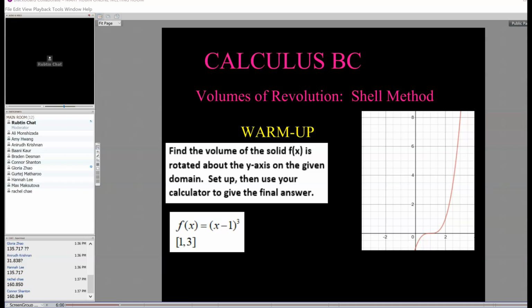So we have a lot of varied answers. So let's look at the setup for this. See if you set this up correctly.